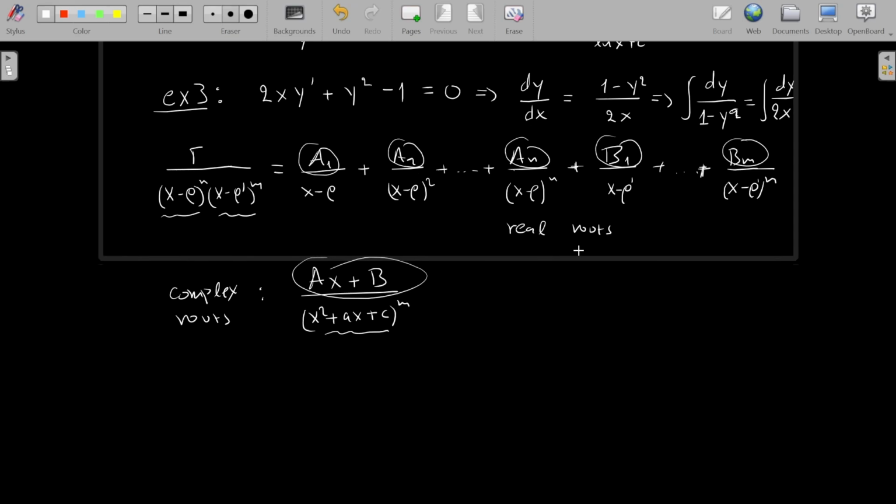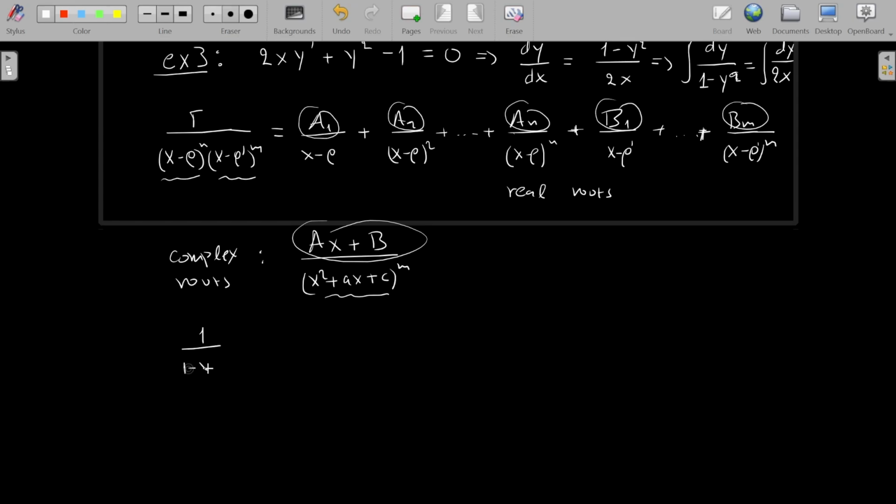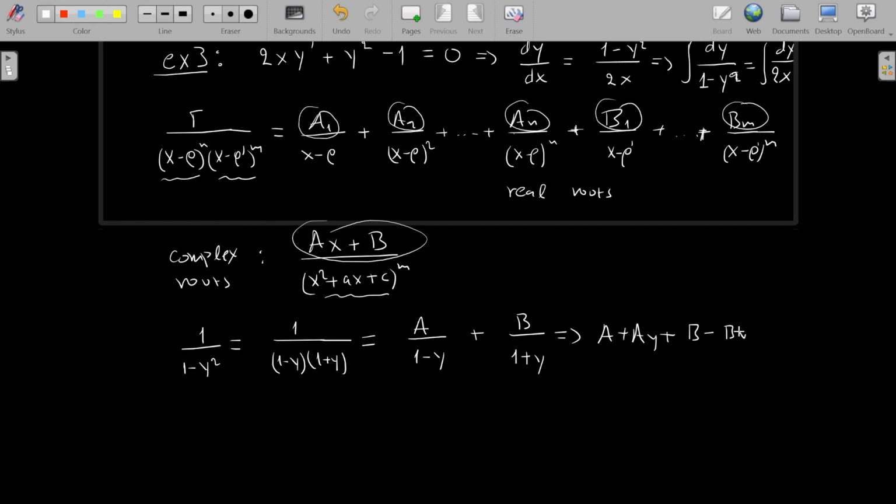So, into our own example, 1 over (1 minus y squared) is going to be written as 1 over (1 minus y)(1 plus y), right? So we only have real roots. For this root of multiplicity 1 we have just one constant, and for this we have another constant, and doing the math, a plus a y plus b minus b y is equal to 1.